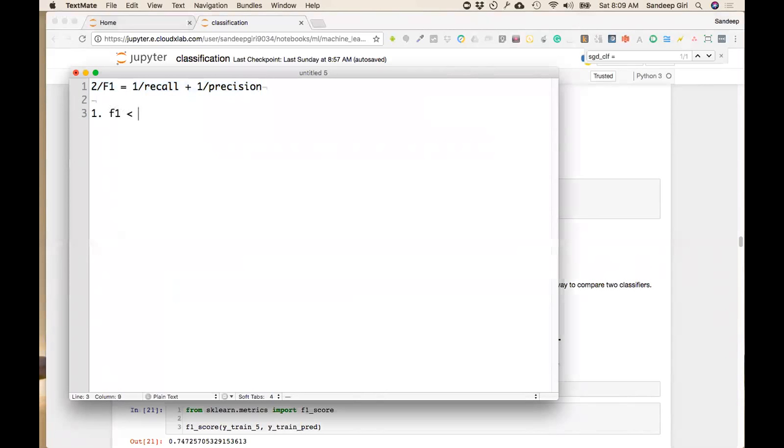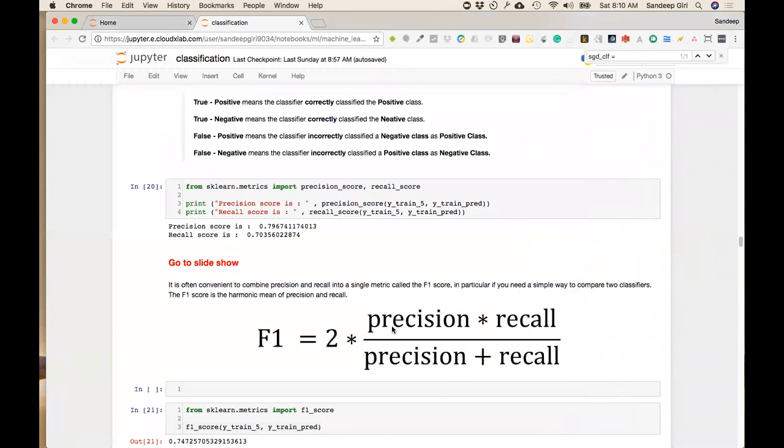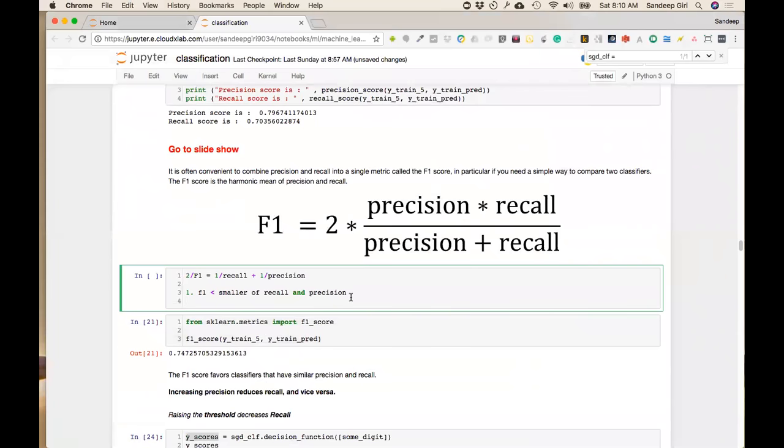Is F1 smaller than the smallest of recall and precision?